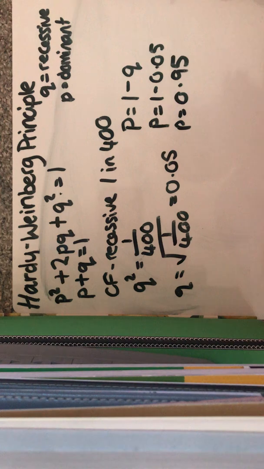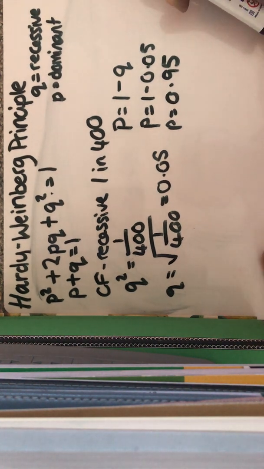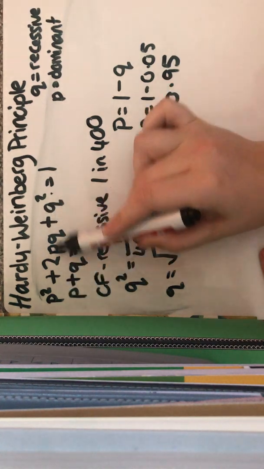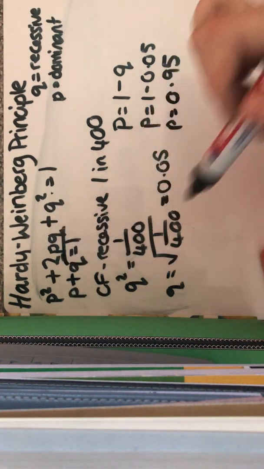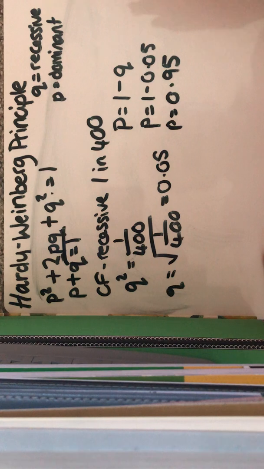And then what we can do, say if the question was asking us to calculate the frequency of people that were heterozygous or carriers, then we can find out this by putting it into this to find 2pq. So 2pq equals 2 times p times q.